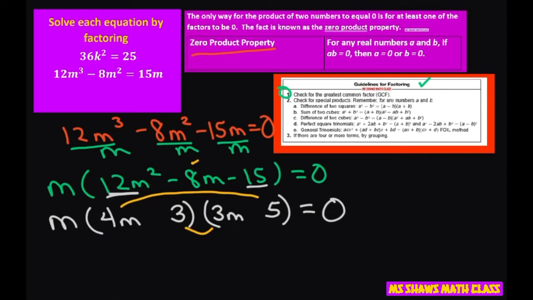But now that I wrote this out, I do notice that I could write this as 6 and 2. So if I do that, I'm going to get, let's see, if I put 2 here and 3 here, I'm going to get a 6 here.